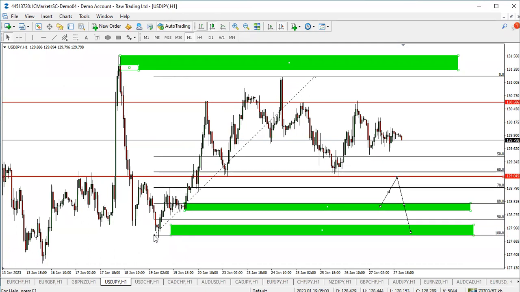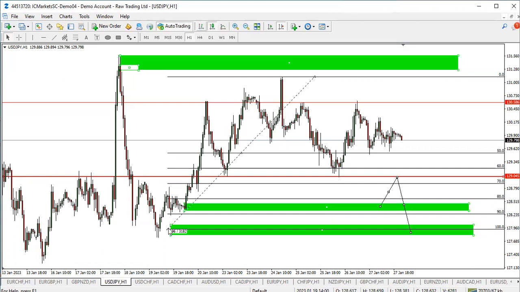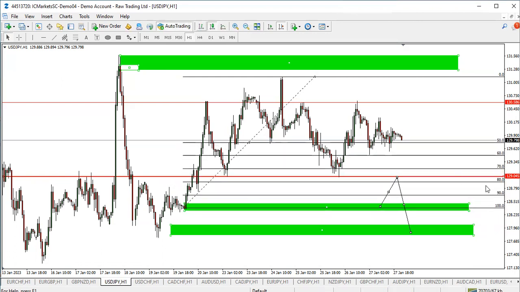For example, you cannot place your Fibonacci here if the swing point you want to trade from is this one. When you want to trade from this swing point, your Fibonacci must be drawn from here, and it's around 70%.